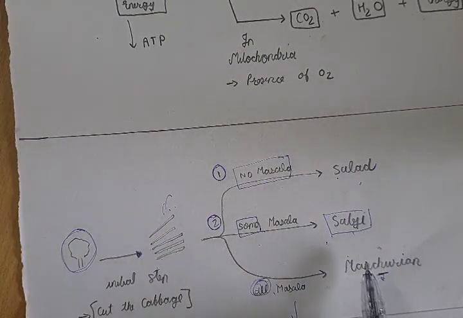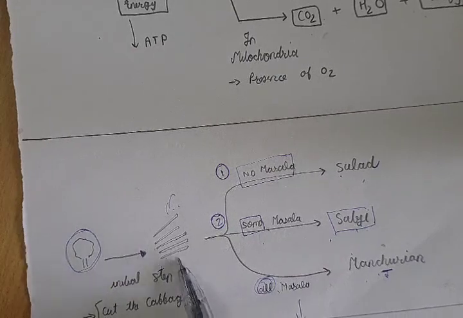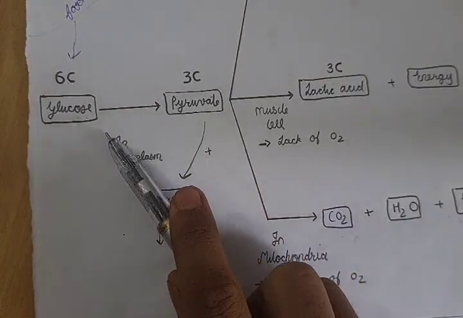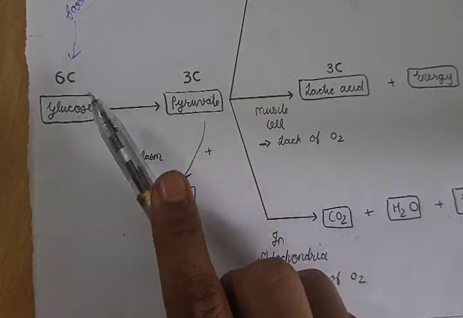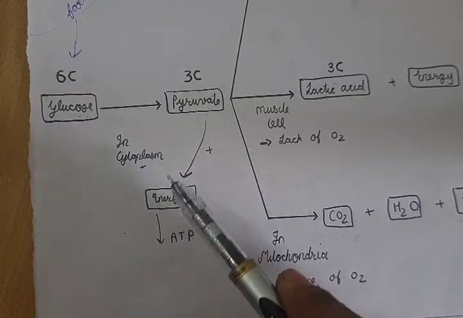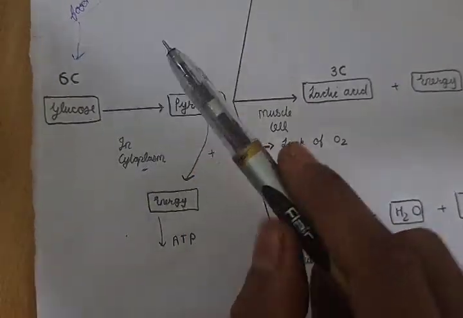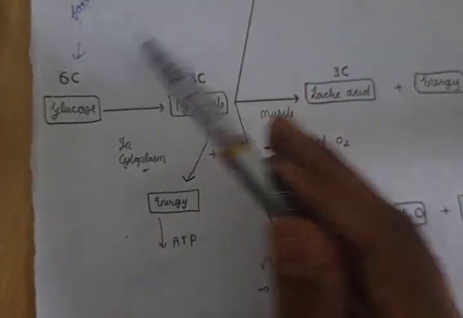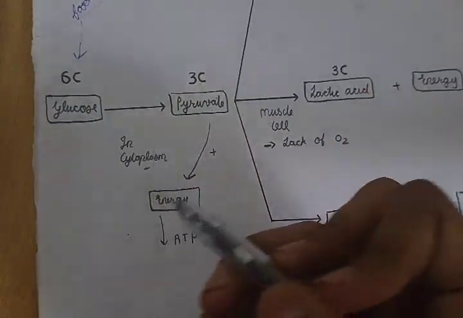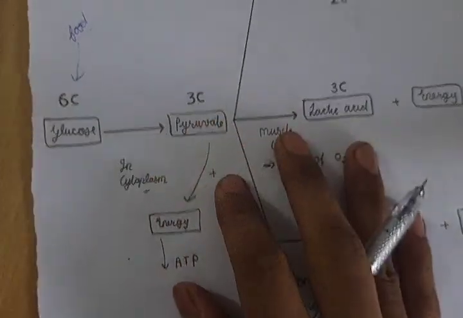If you want to make anything, the first step is the same. Same way here, the initial step is the same, that the glucose is broken down into pyruvate, 6 carbon molecule broken into 3 carbon molecule, and some energy is released. Why? Because here the bond is breaking. Whenever we break something, energy is released. So here glucose is broken and energy is released.